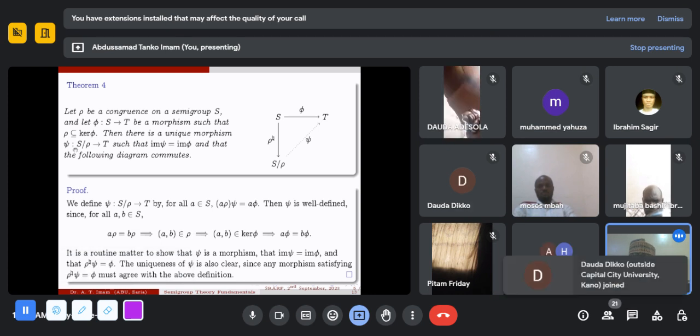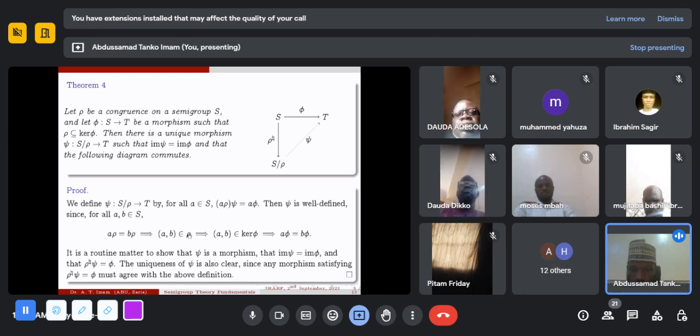So that assumption, the fact that rho is a subset of the kernel, allows us to get from this level to this level over here. And once A and B are related under the kernel of phi, it means they have the same image under phi, and therefore psi here is well defined. The theorem didn't say it is a monomorphism, but just a morphism. So well-definedness is all that we require.